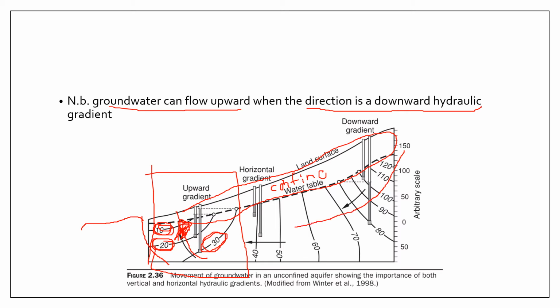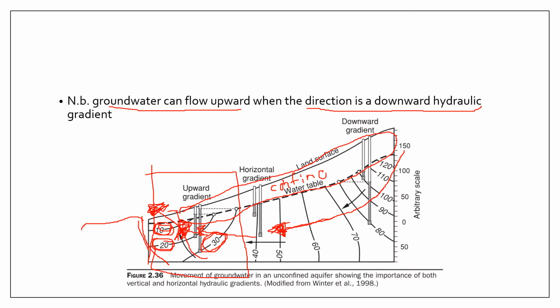It cannot go past this confining layer, so it just continues downward to lower elevations and lower hydraulic heads until it accumulates a lot of pressure. Now, at this point, there might be an opening like a stream. So you have enough pressure to actually break out and move upward.